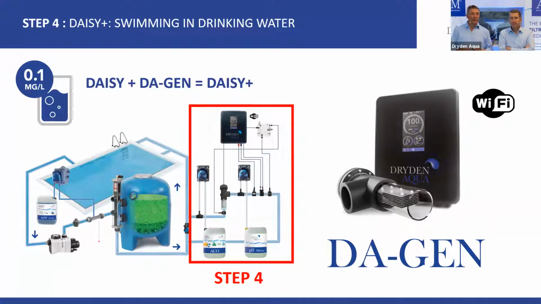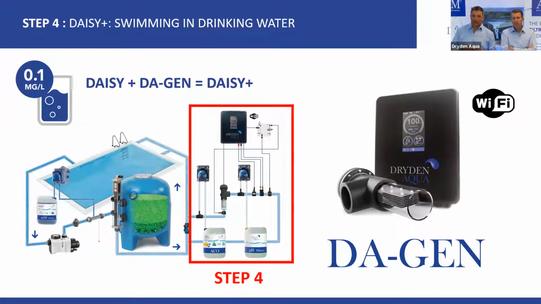Now, here you see 0.1 milligram per liter of chlorine in the water. Why that low? You can't do this in public pools, but if you have a well-designed DAISY system, if you do everything according to what we are saying, you can work this Daisy Plus, that means Daisy plus the DHN, with as low as 0.1 free chlorine for depot disinfection.